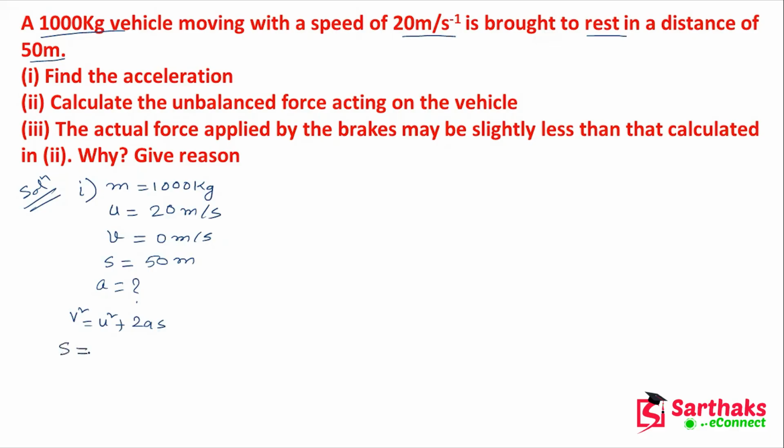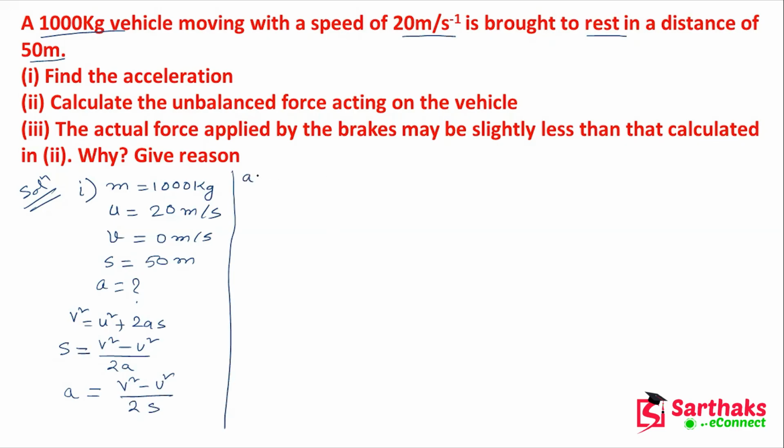So from here, s equals v square minus u square divided by twice a. Now if I want to find out the acceleration a, then a equals v square minus u square divided by twice s.